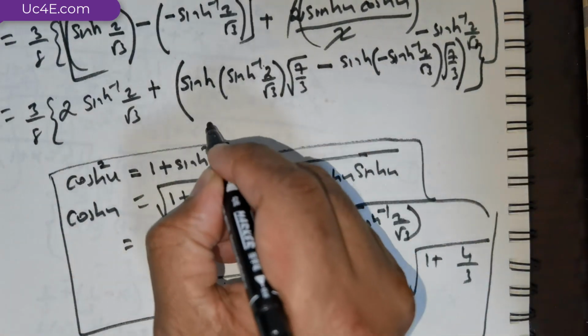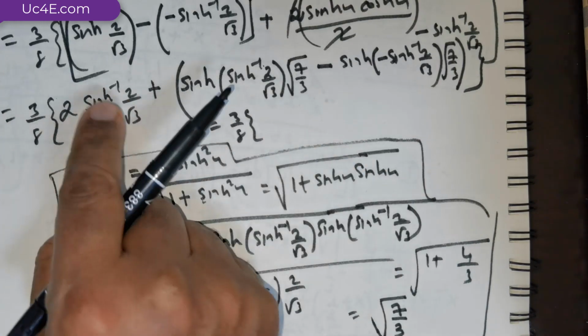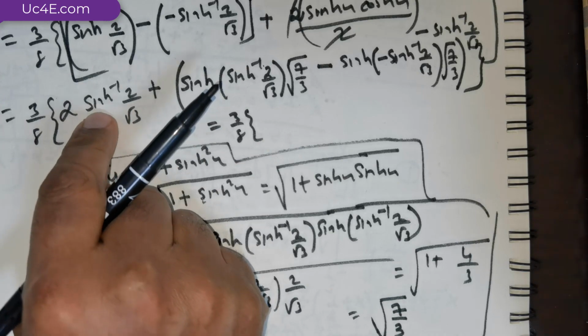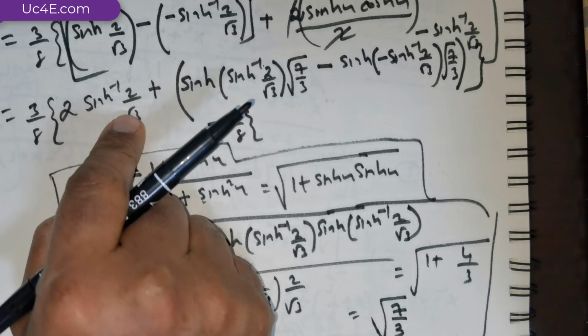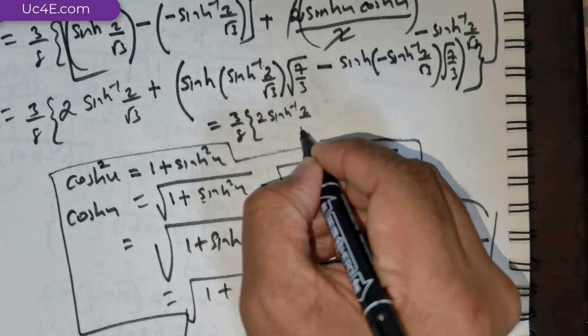Okay, now this is equal to, let 3 over 8 be placed there. Now I've not touched anything, I'm just retaining it because I need to explain something for sinh inverse of 2 over root 3. So let me place that 2 times sinh inverse of 2 over root 3.